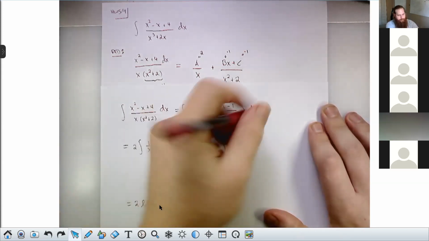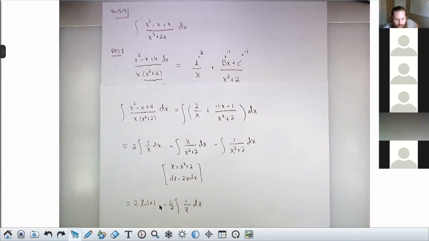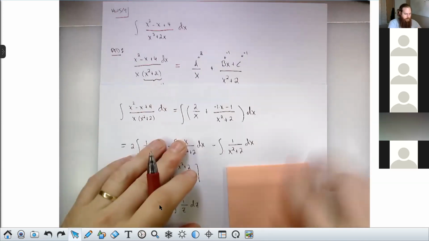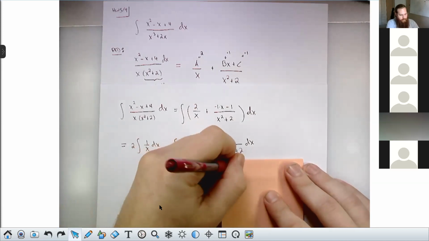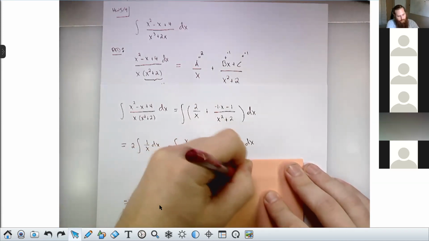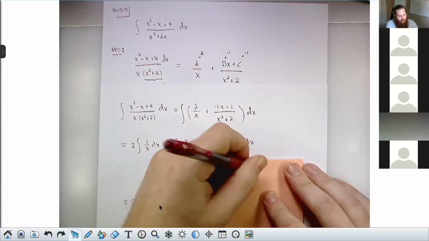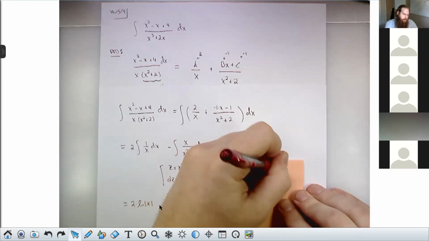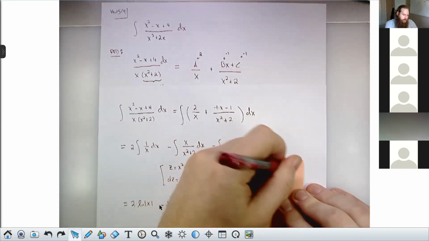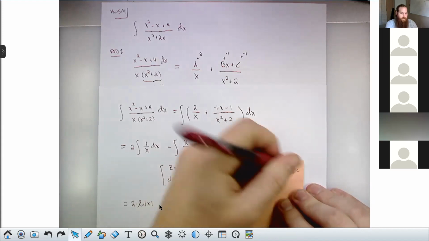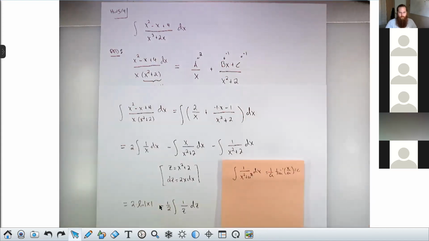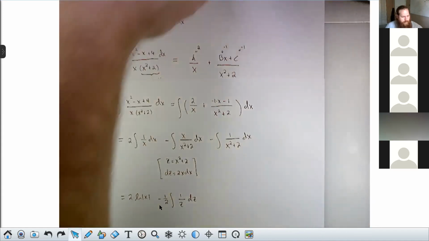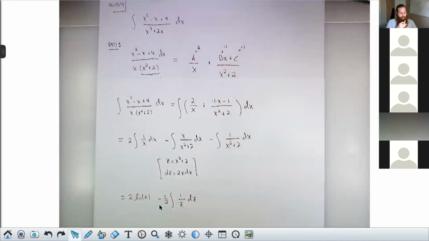And this piece, I asked you last time to prove the formula integral 1 over x squared plus a squared dx is 1 over a times the inverse tangent of x over a plus c. This is a great time saver because, yeah, you would make a tangent substitution, but why? It always comes out the same. These integrals are so common.